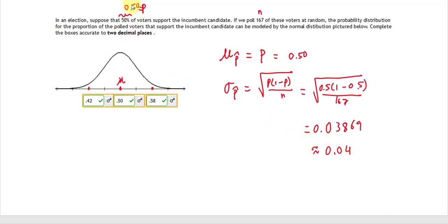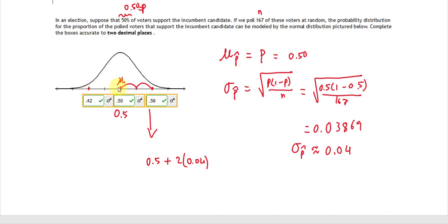So yes, the mean here is the center, which is 0.5. Now this is 1 standard deviation, 2 standard deviations above the mean. So we take 0.5 and add 2 times the standard deviation, 2 times 0.04, and that will give you 0.58.